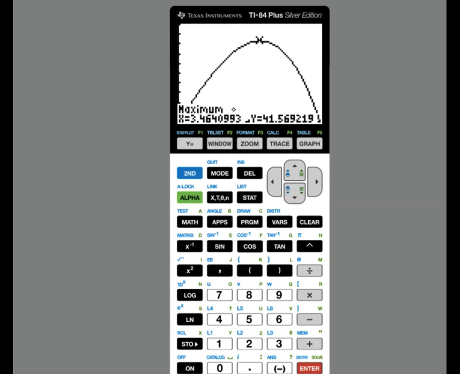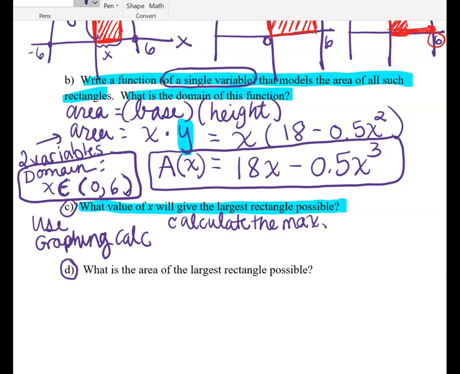And then the maximum area, so the largest area possible given this scenario, would be the y value of 41.57. So going back here to letters C and D, let's recognize that our maximum point is about 3.46, 41.57.